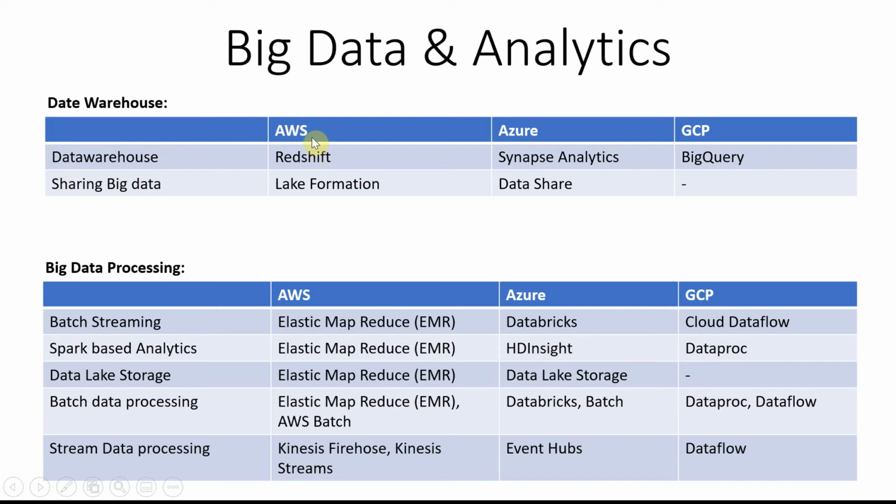So that is what this data warehouse category is. Redshift is the most popular tool of the AWS space. Azure Synapse Analytics again is an acquired product from Azure, an acquired company like Databricks, so they are into this space.